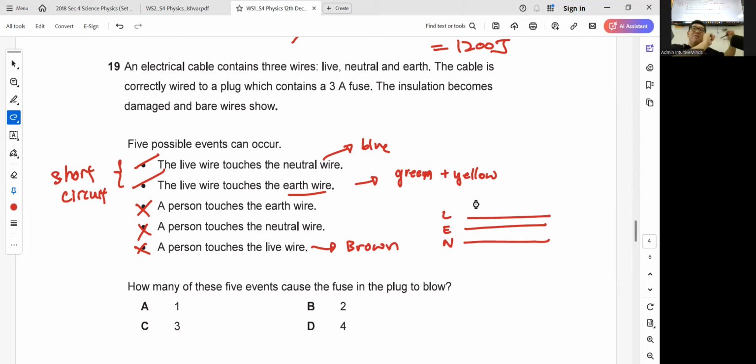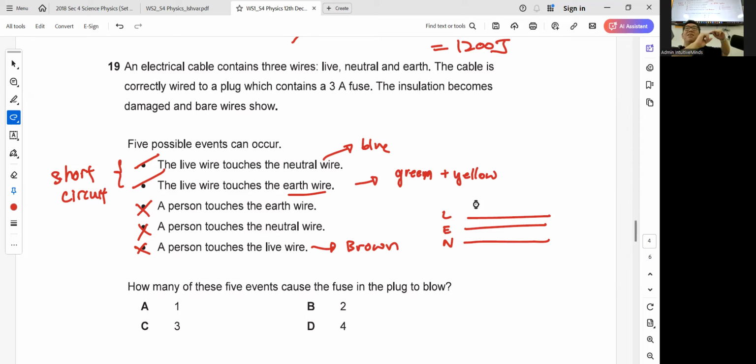Obviously, they are separated from each other with insulation, but they are put together in a single wire like this. So over time, if you put something heavy on it and press the wire, it's going to cause all the wires to be squashed under the weight. And that may cause the insulation to be damaged.